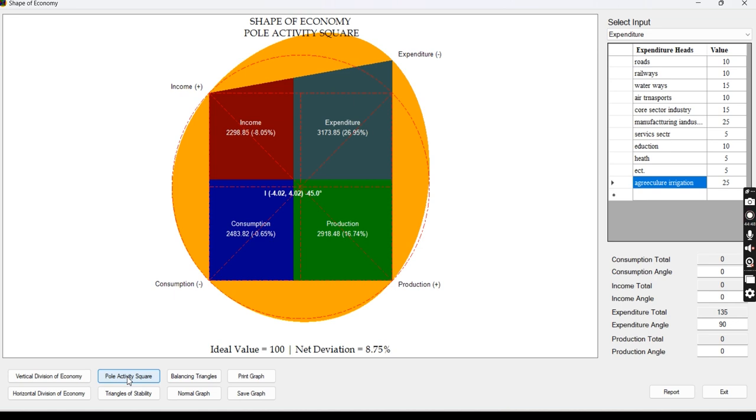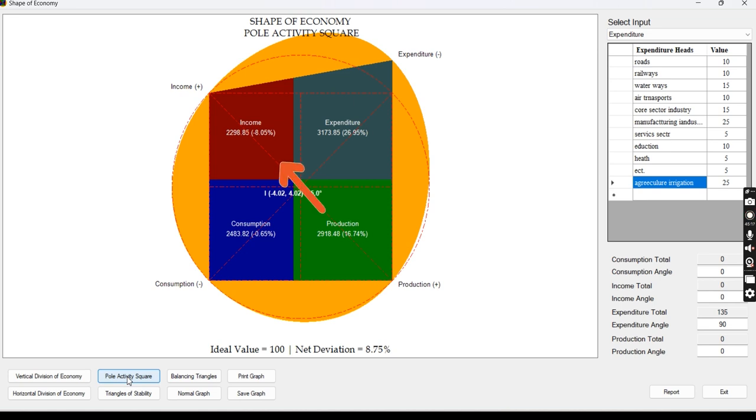You will find that the expenditure increase has caused a change in the pole of expenditure. Earlier it was 2,500. Now it has increased to 3,170 due to increased expenditure on productive activity.